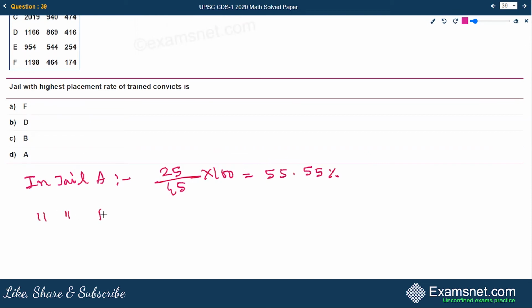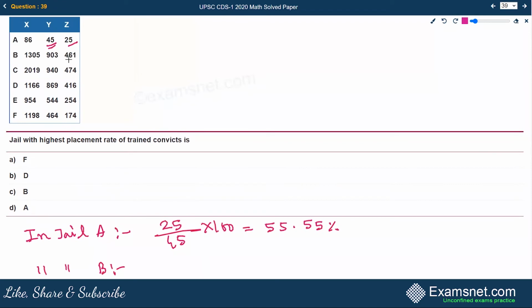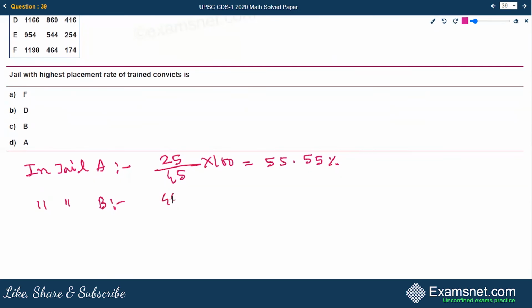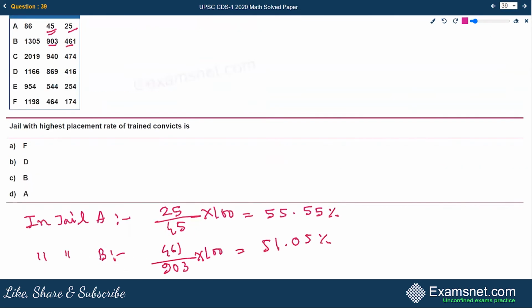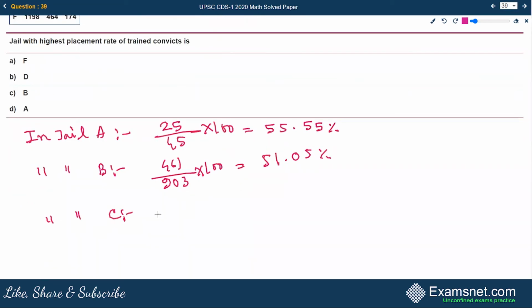In the same way, in jail B, among 903, 461 got placement. So the placement rate is 51.05%. Next, in jail C, we can see among 940, only 474 got placement.